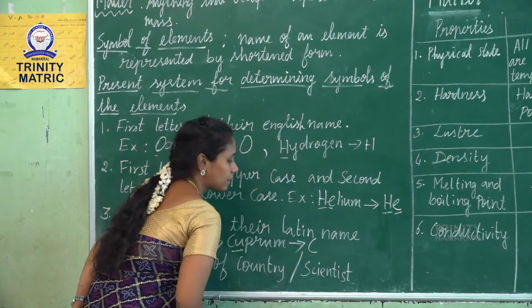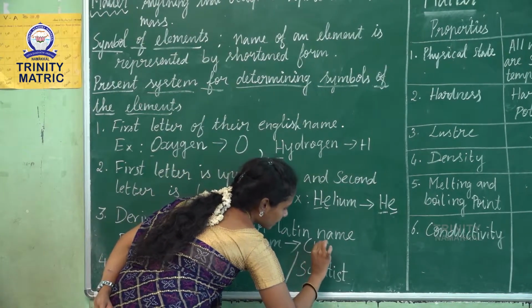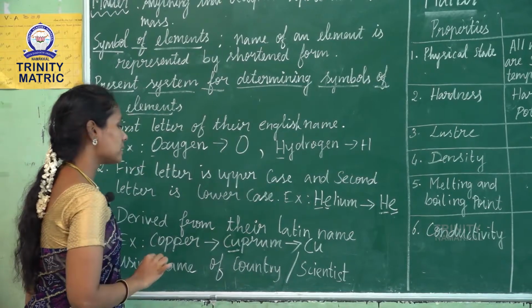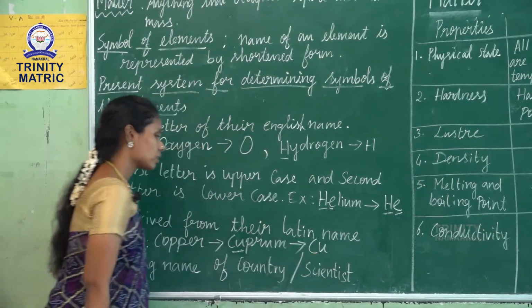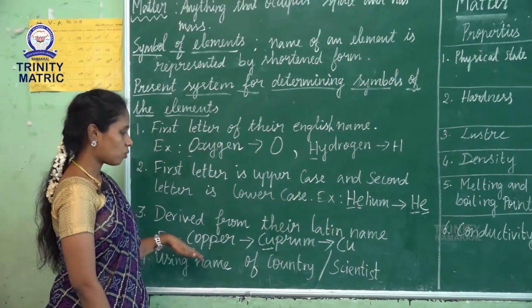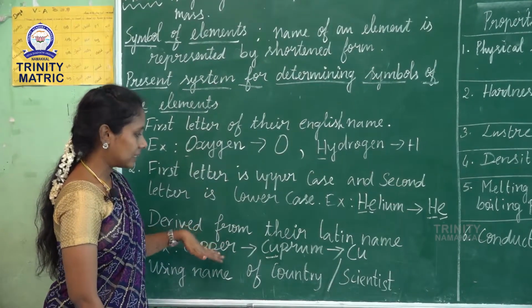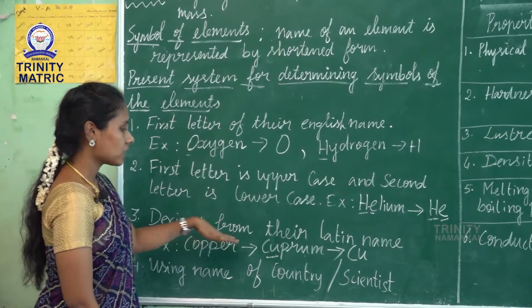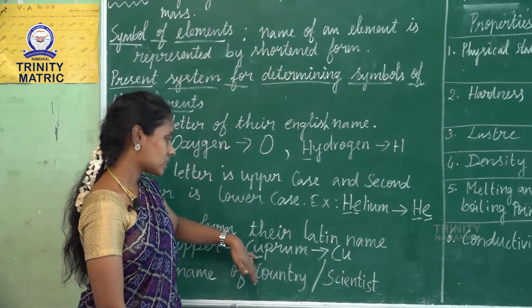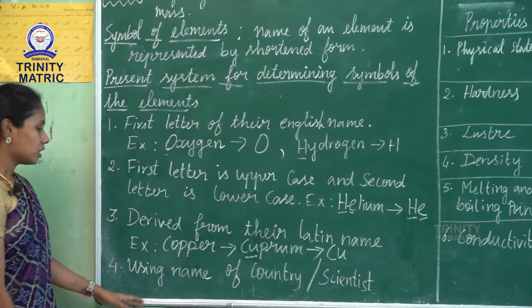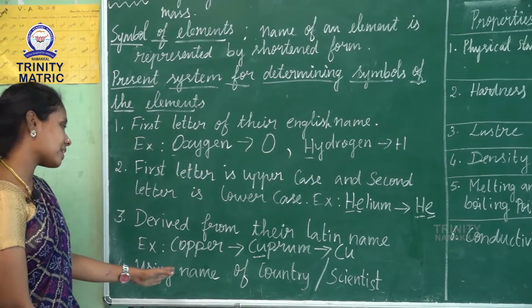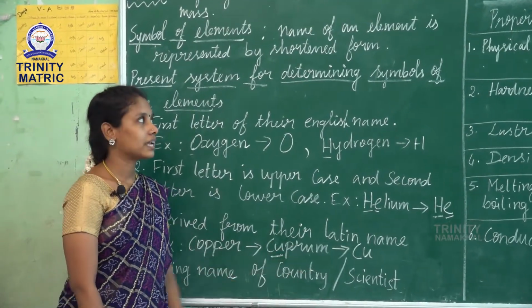C is in uppercase and u is lowercase. So the symbol of copper is Cu. Why do we write Cu? Because the Latin name of copper is cuprum. Next, some of the elements are named after a country or scientist.